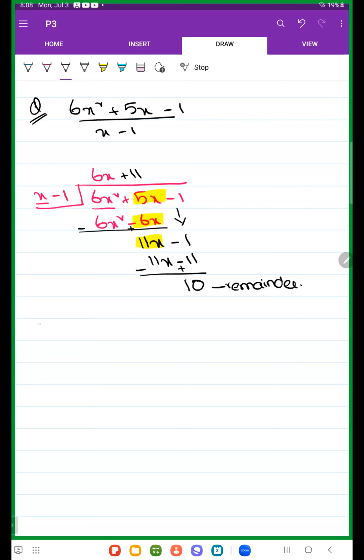So we have x cubed plus 5x squared minus 6x plus 3 divided by x plus 3. Try to do this one.